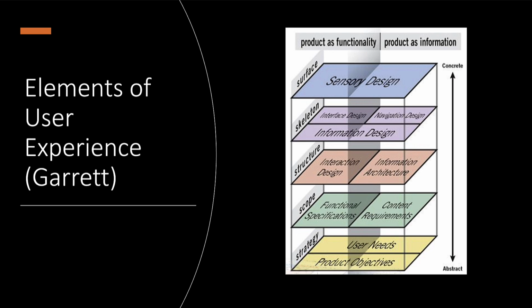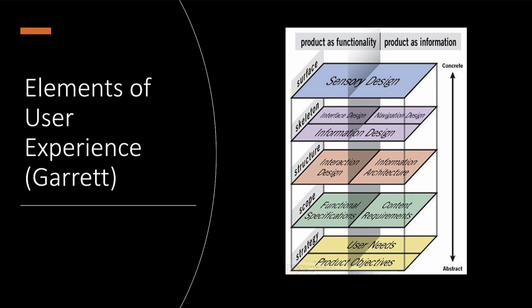What Garrett says is that what we perceive on the sensory level, the actual surface, which is the web page or the mobile app or the interface on another technology, is an amalgamation of all of those tasks and principles that are addressed at each level, from the strategy plane all the way to the surface.